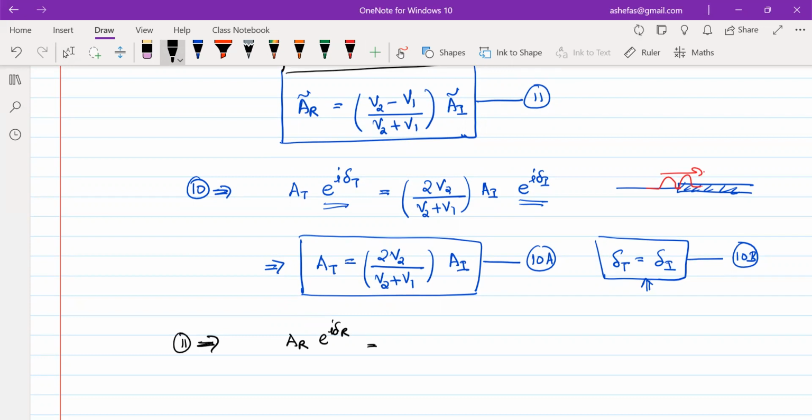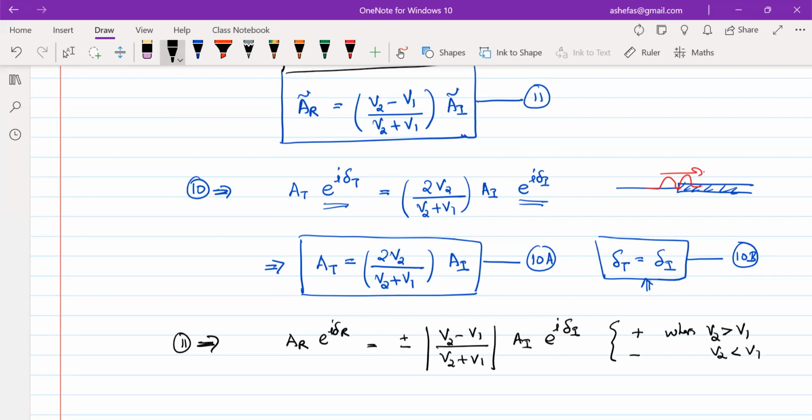So better we can write it as plus or minus modulus of v2 minus v1 divided by v2 plus v1, Ai e raised to i delta i. So you have to use plus when v2 is greater than v1, and we have to use minus when v2 is less than v1.